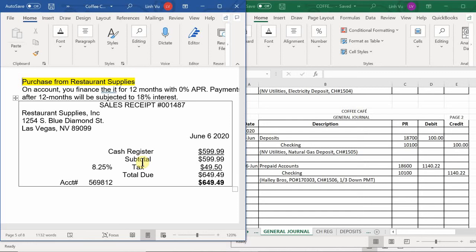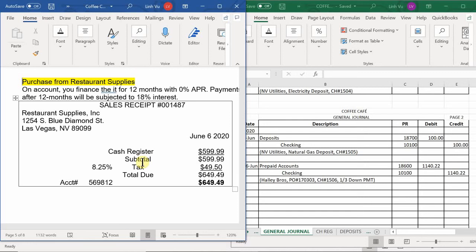All right. So in this case, let's take a look at this receipt. We actually went to the store, picked it up, and set up an account. So we have this cash register on an account. On June 6th, 2020, we purchased a cash register for $599.99.